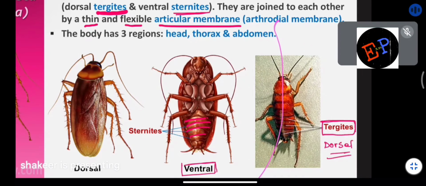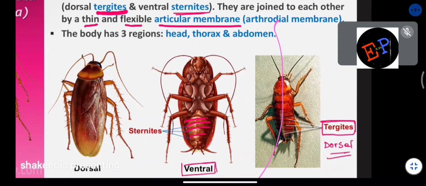So the body has three regions: head, thorax, as well as abdomen. These are the three body parts of the cockroach. Human body has what? We have head, we have thorax, the region where we respire, and we have the stomach region also, which is called abdomen, and below the abdomen we have legs also.